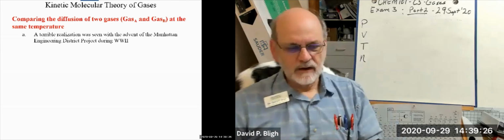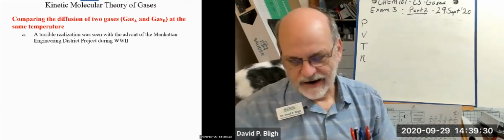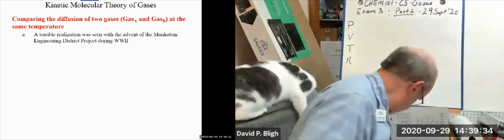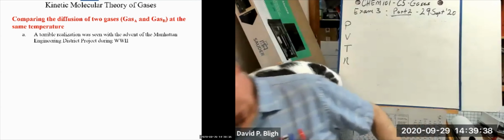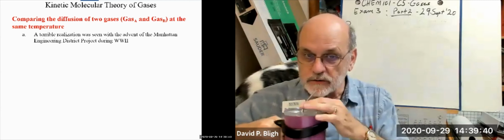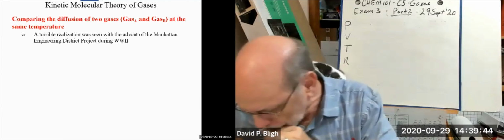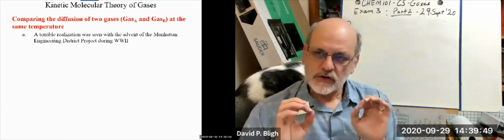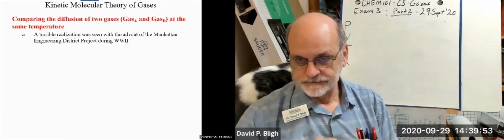Okay, one last comment. A very practical application of Graham's Law of Diffusion was used during World War II, the Manhattan Project, and it was used to separate isotopes of uranium.